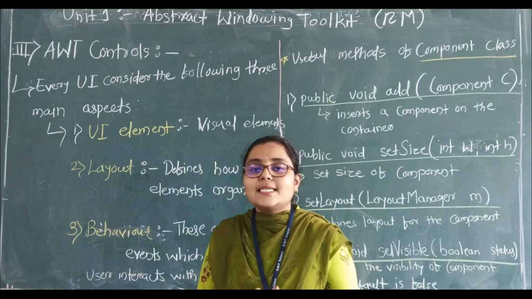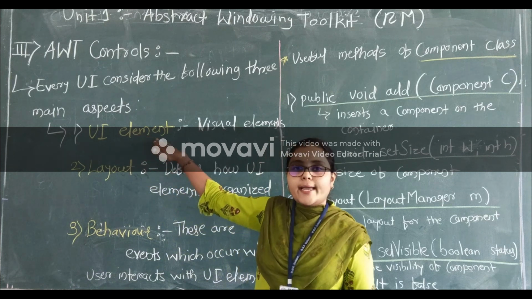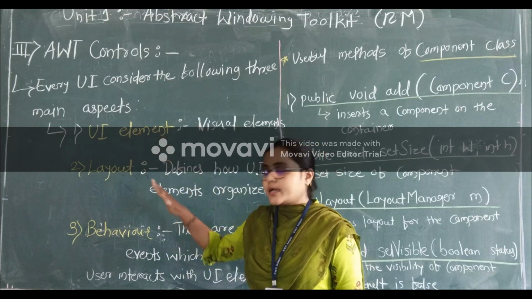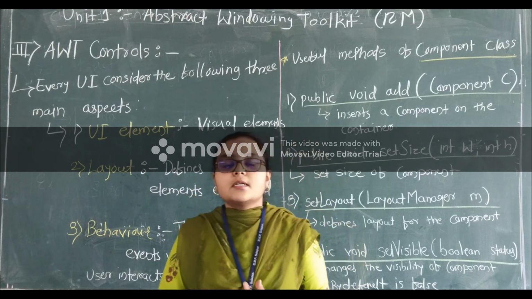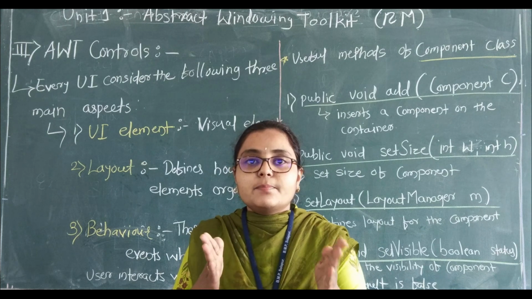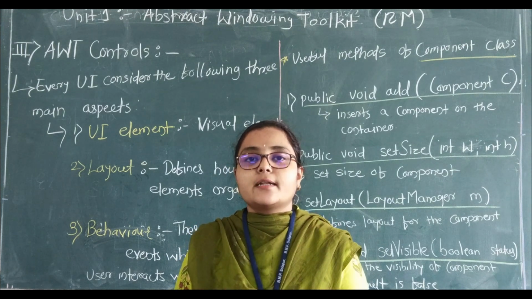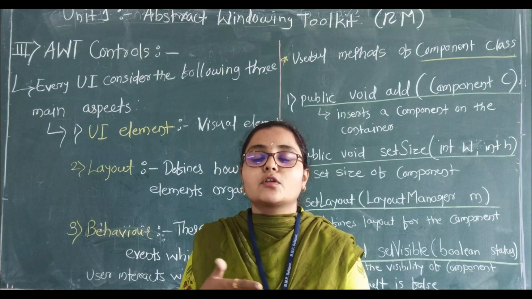So basically there are three main aspects: UI elements, layout, and behavior. Again, layout means the organization; there is a manager which defines how the components are organized on your window.